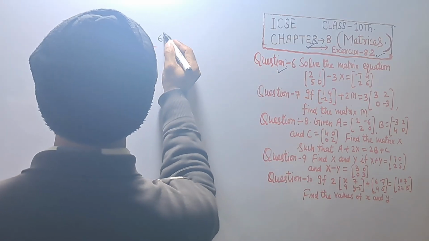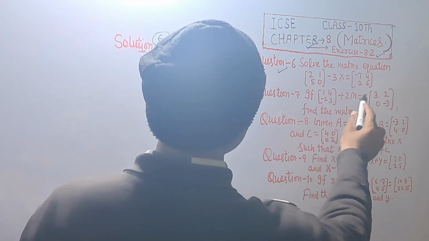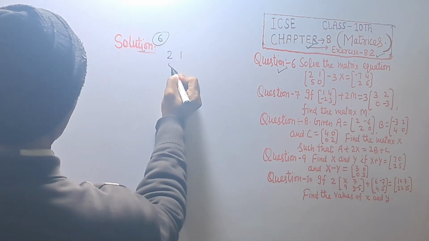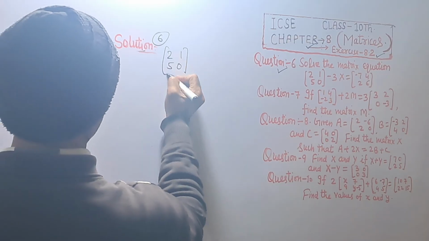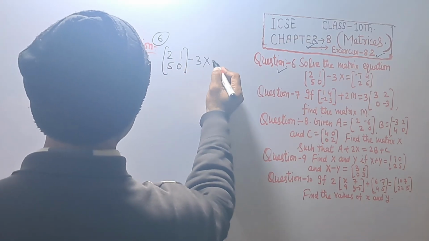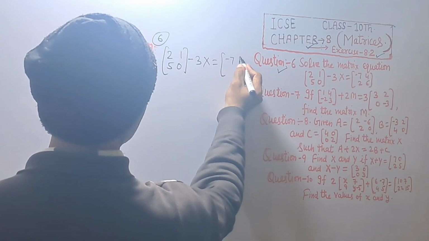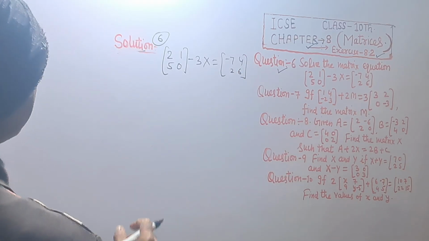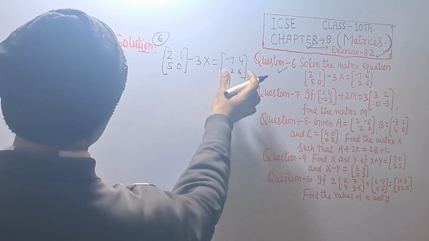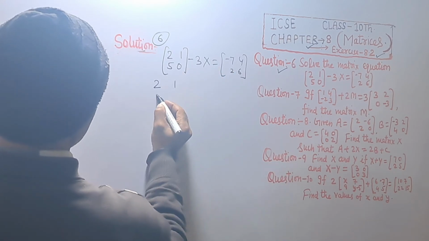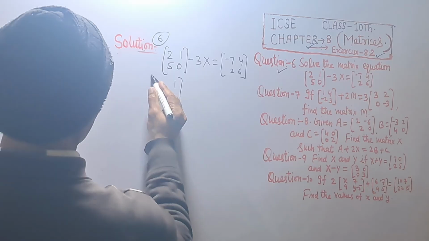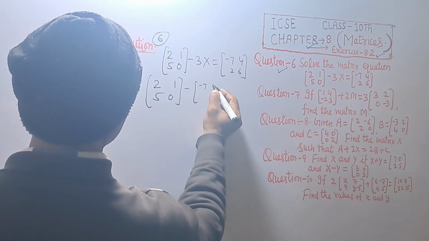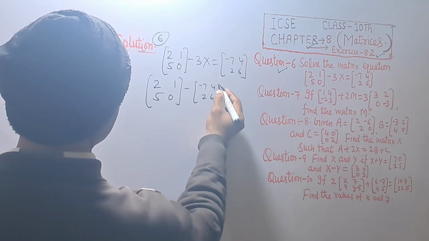Question number 6. Solve the matrix equation [2, 1; 5, 0] minus 3x equal to [-7, 4; 2, 6].